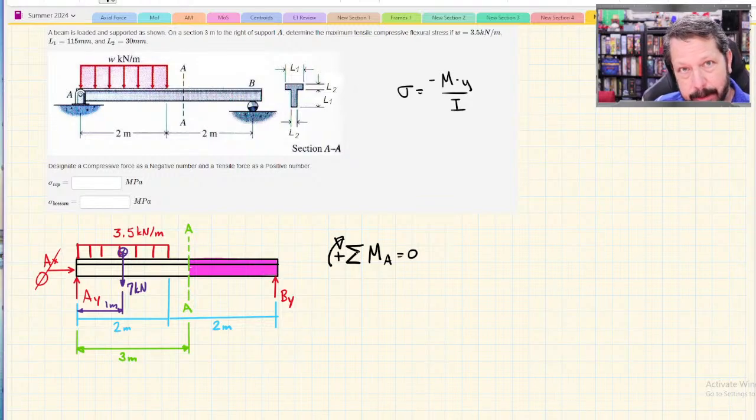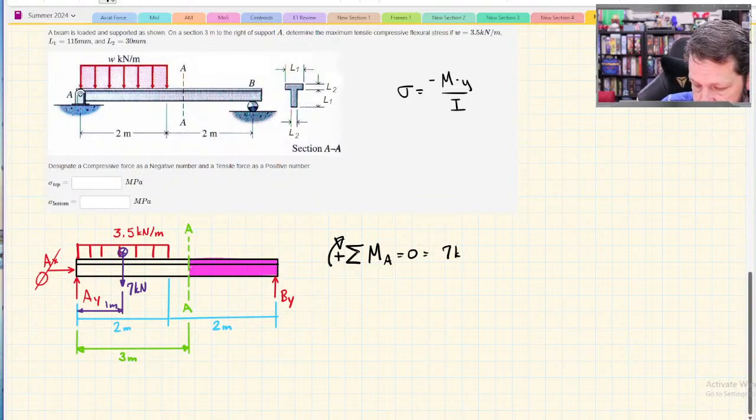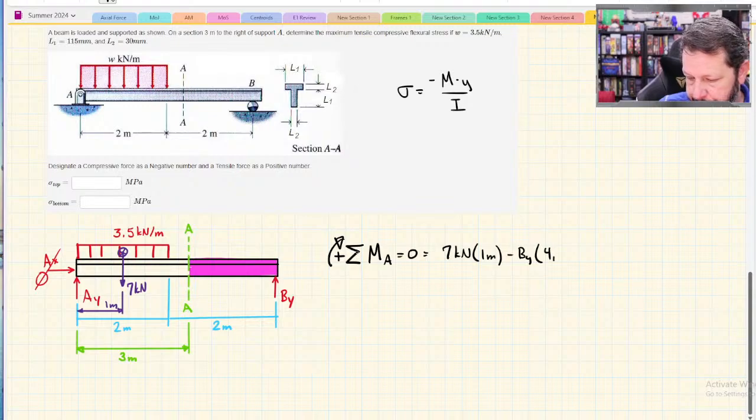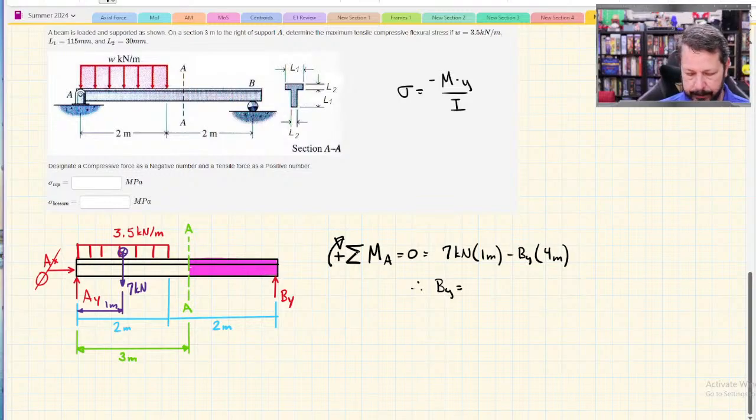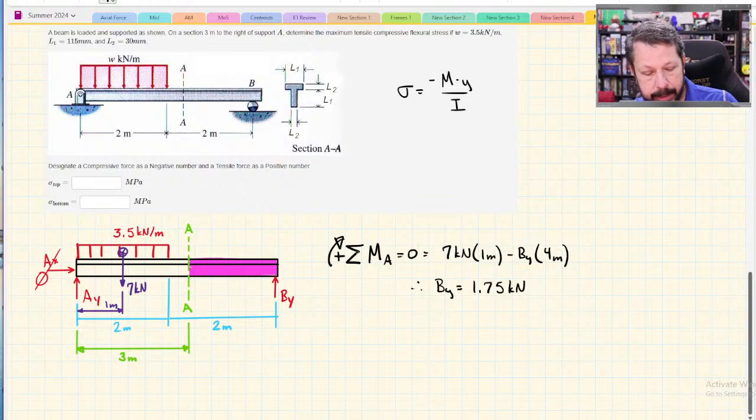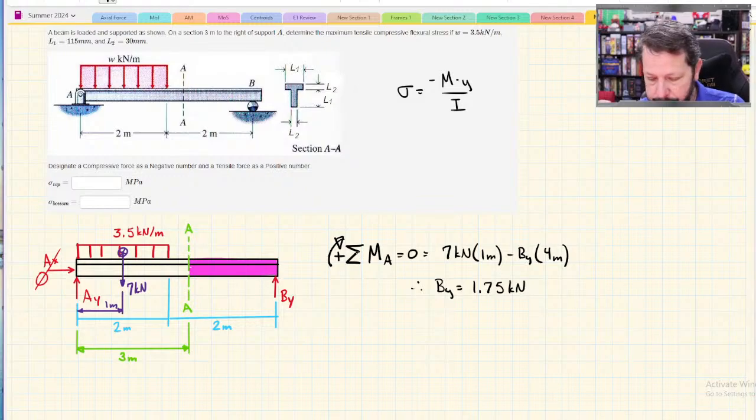AY does not create a moment about point A. We have 7 kilonewtons, though, with a 1 meter moment arm, minus By with a 4 meter moment arm. So, therefore, By equals 7 divided by 4, 1.75 kilonewtons. And if we wanted to solve for A, we could do that, but I'm not going to use it, so I'm not going to solve for it.